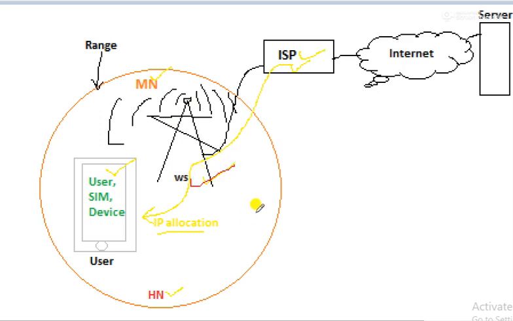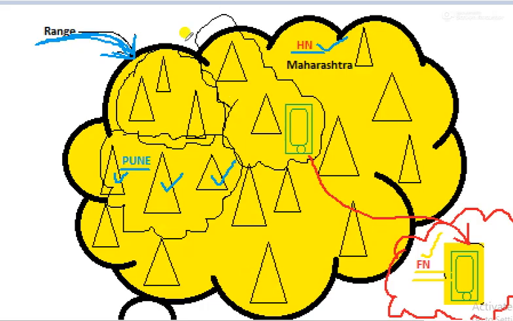Always remember, this is not like that; only one wireless station does not define the range of that particular ISP. For understanding purposes only I have drawn this single circle, but in actual practice it is not like that. I hope you have understood what a home network is and what a roaming or foreign network is.